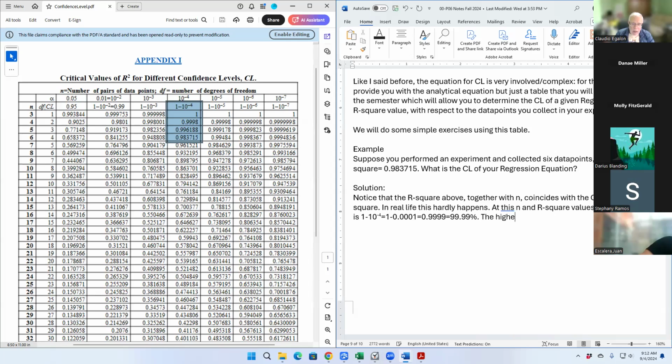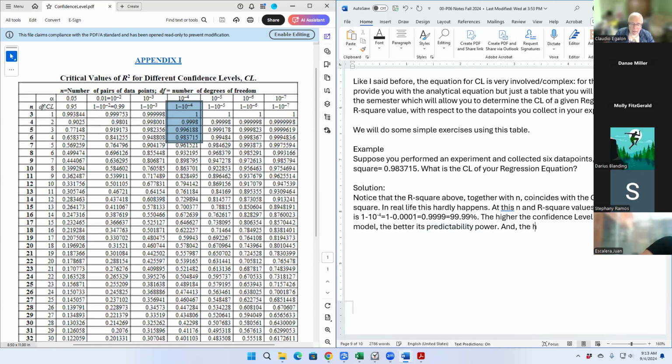The higher the confidence level of your mathematical model, the better its predictability power.